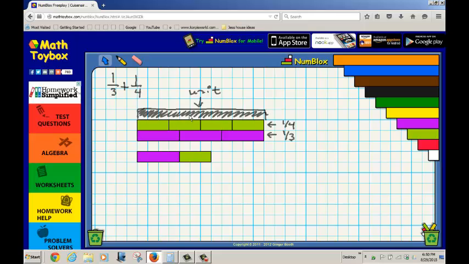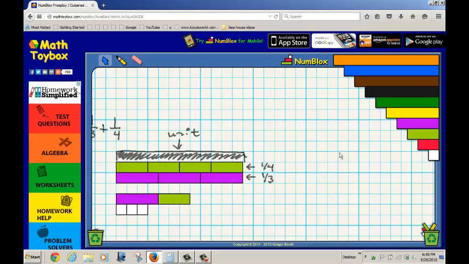Now what's the total? Well, this right here is 12 of these little units long. And so what we've got then, if we put all of these in here, is a total of 1, 2, 3, 4, 5, 6, 7 out of 12, and so this is 7 twelfths.